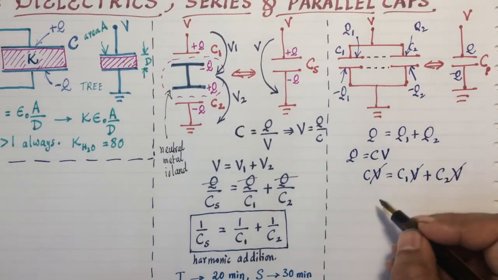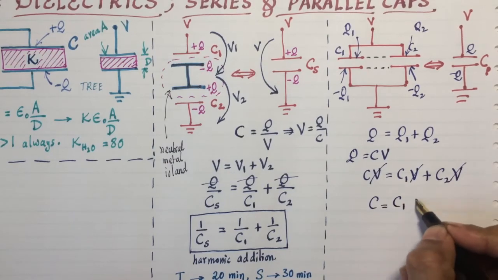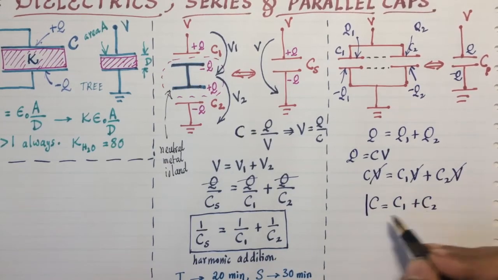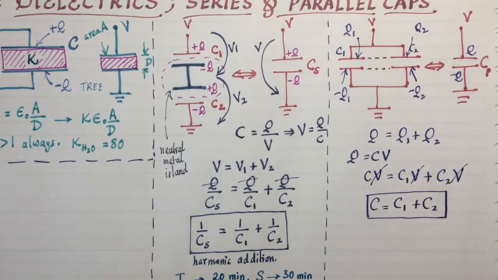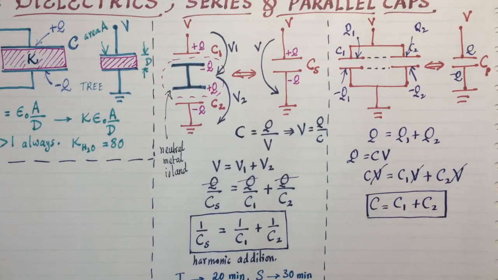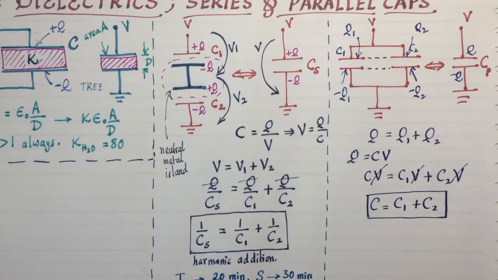Okay, and then I get C equals C1 plus C2. That's exactly what you expect. You get a stronger capacitor with more capacitance. So if you want a stronger capacitance and you don't have the appropriate capacitors at hand in your parts bin, you know what to do. That's just regular addition. No big deal.